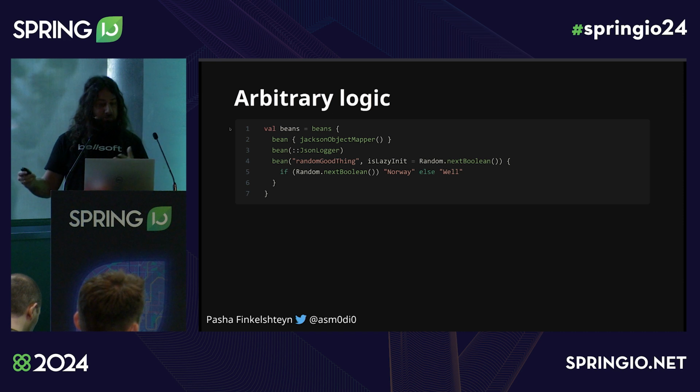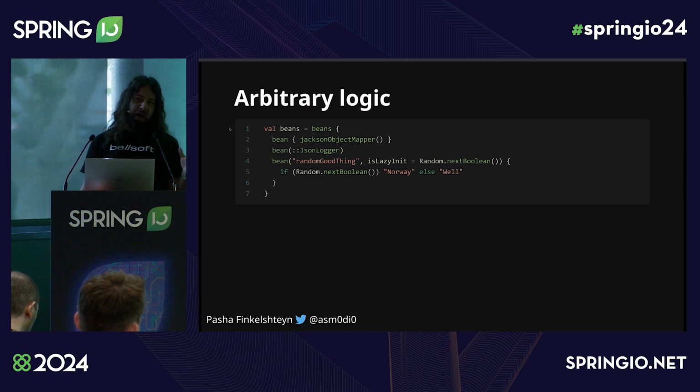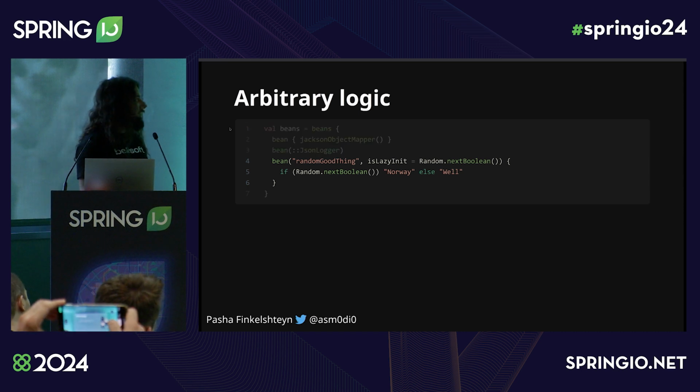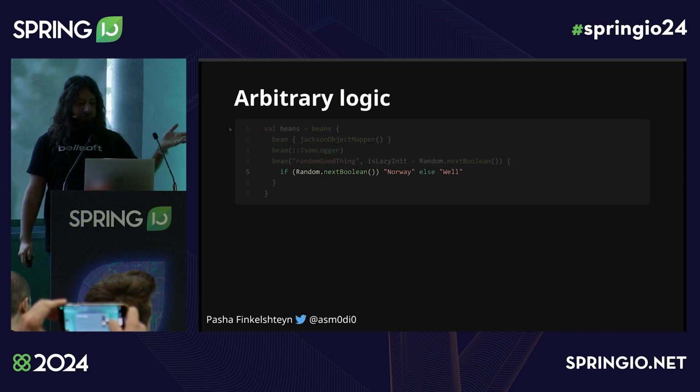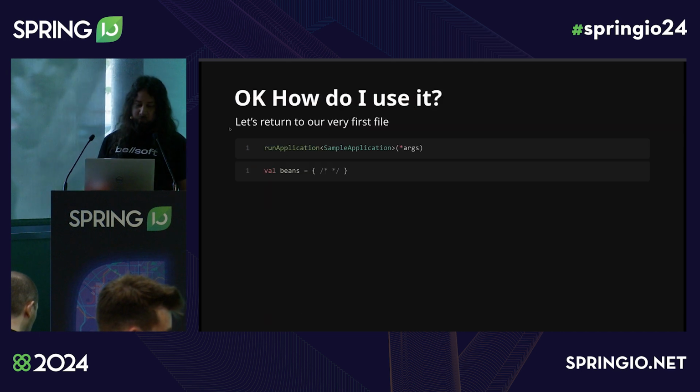I mean, can you do it in Java? I'm not sure. I'm not even sure if you can do it in XML. You can do it in Groovy, but I think nobody here uses Groovy. Don't tell me. I don't know. So yeah, if random next Boolean, then our bean will be lazy, else, well, whatever.